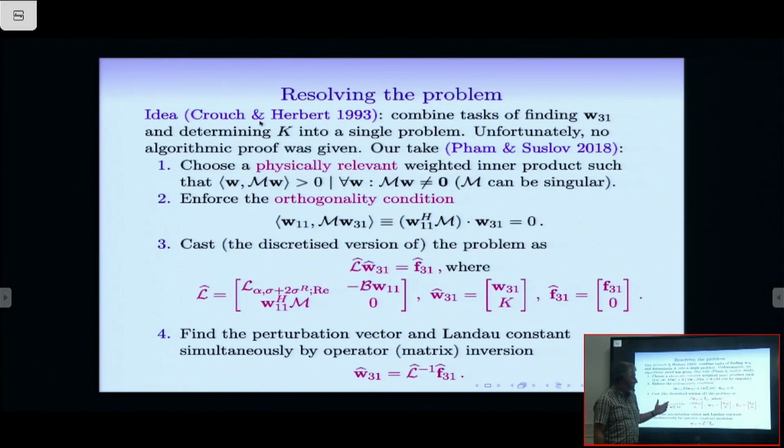And in that case, we can invert this matrix, and we will obtain our solution and the value of k simultaneously in the same run. So therefore we will simply increase the size of the matrix by 1, invert that matrix, and get the solution. That is what the idea is. And the additional condition is orthogonality.